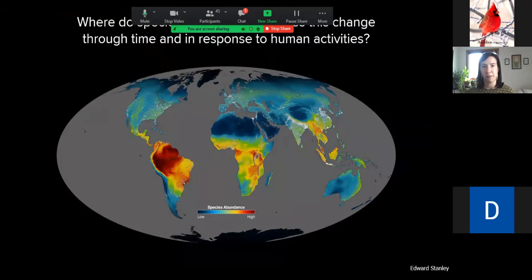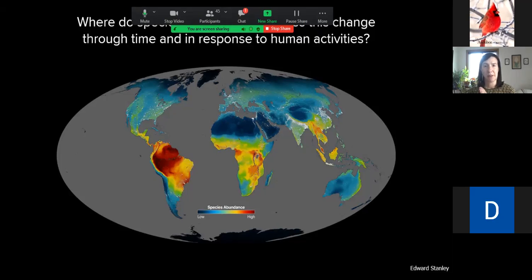Those data allow us to make maps like this one, and these maps should be pretty familiar to you if any of you use iNaturalist or eBird or those bird casting things. Those are all mapping biodiversity on the maps that we use to navigate our world.